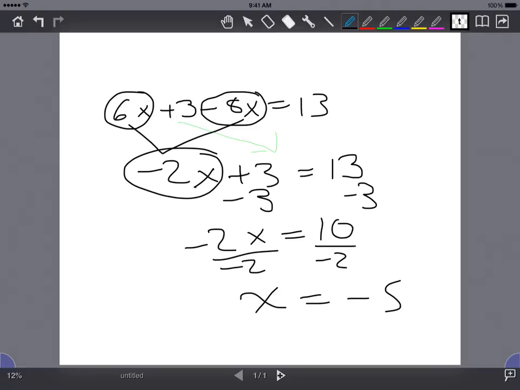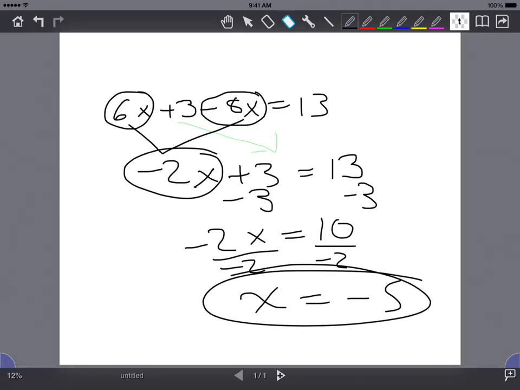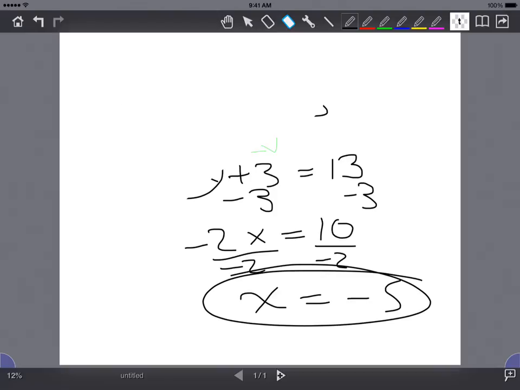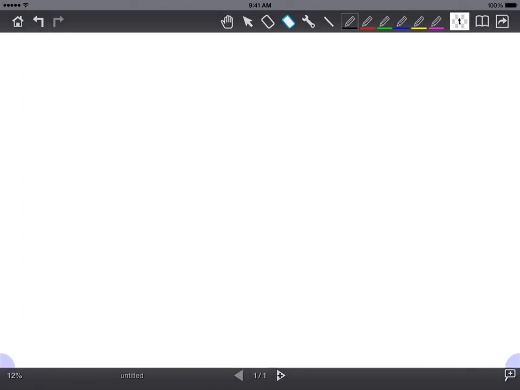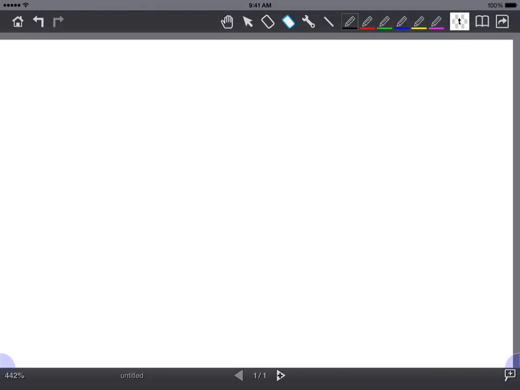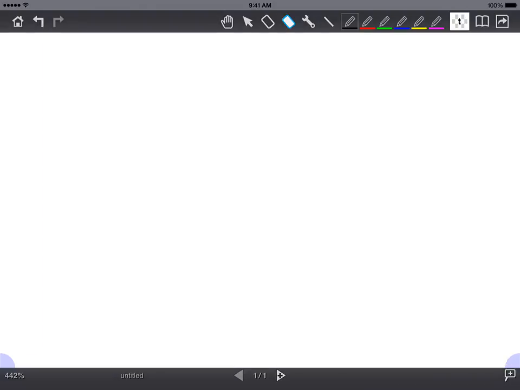Okay, so we got our answer, and it was pretty quick and painless. As you'll start to see, if you just keep on adding and subtracting on one side of the equation and the other side, you really can't mess up because your equation will still hold true.